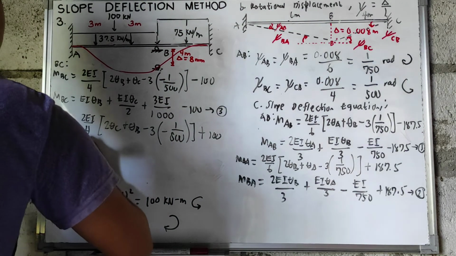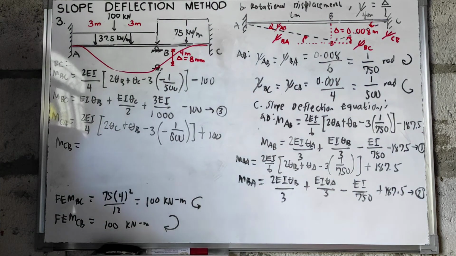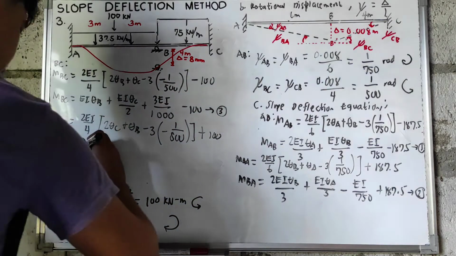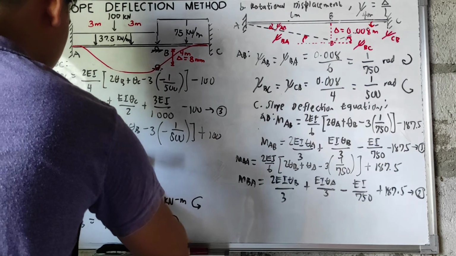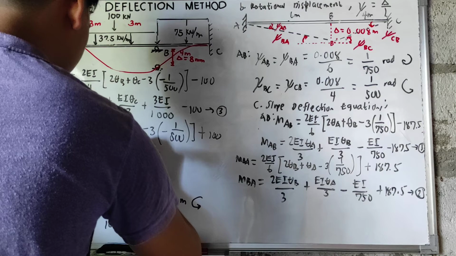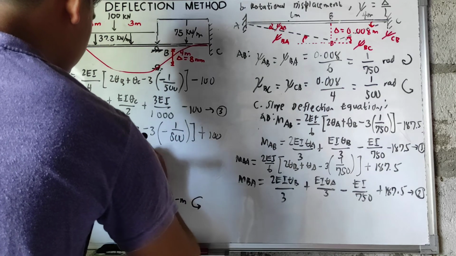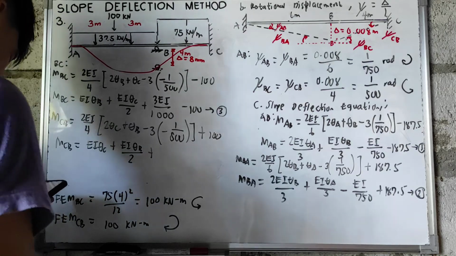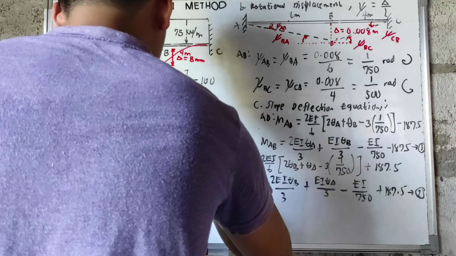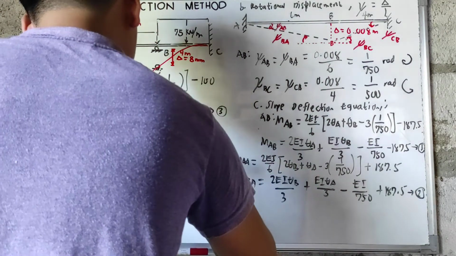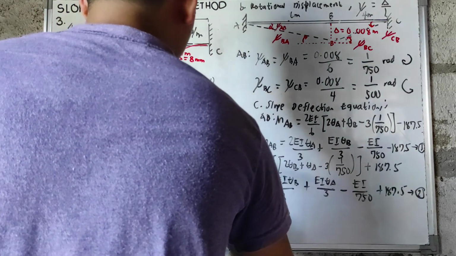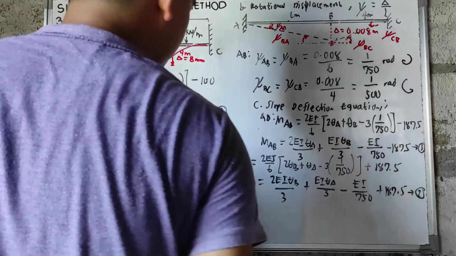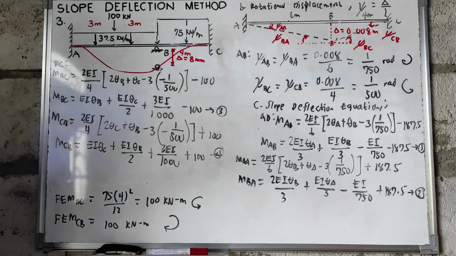So the value of your MCB is now equal to, we have EI theta C plus EI theta B all over 2 plus 3EI over 1,000 plus 100. So this will now become your equation number 4.